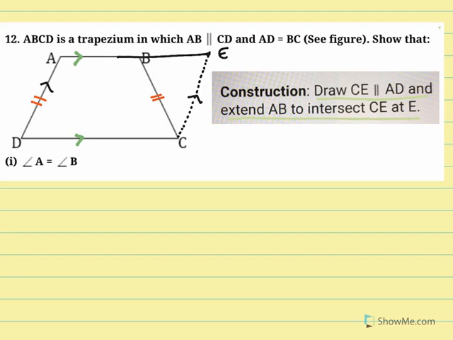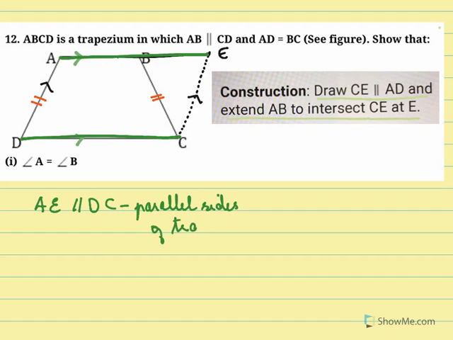So in step 1 we're going to spot a parallelogram here. We already know that AE is parallel to DC. So let's write that. AE parallel to DC because parallel sides of trapezium. And I have also constructed AD parallel to CE.